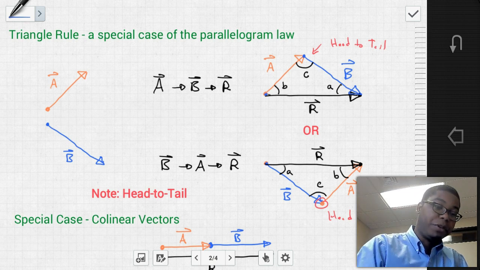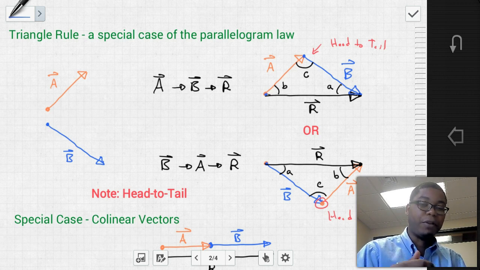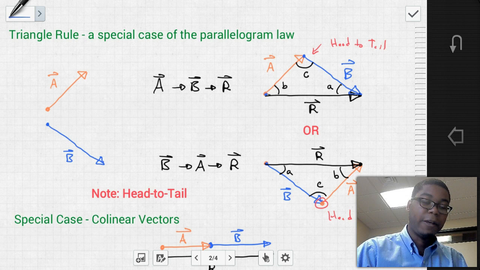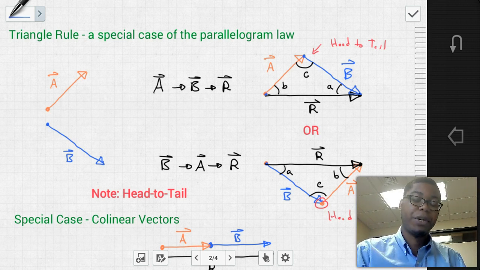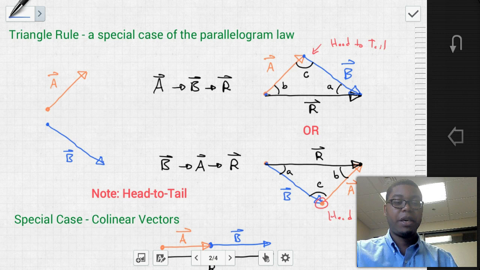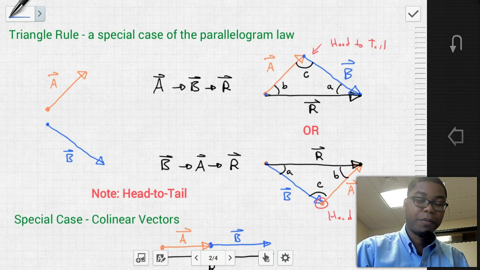Again, we're given some vector A and some vector B. They have their own different magnitudes, different senses, different orientations. How do we use the triangle rule? Well, again, we're going to use a head-to-tail approach. But in this case, instead of making the start points of vectors A and B coincident, we use a head-to-tail approach.